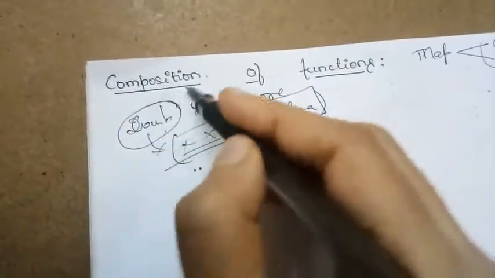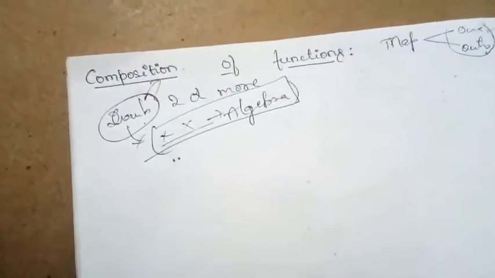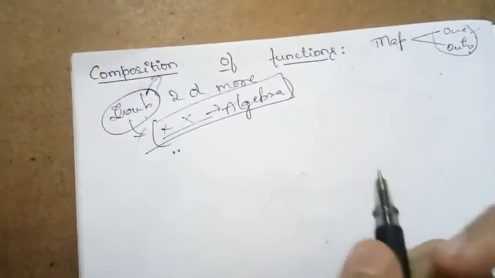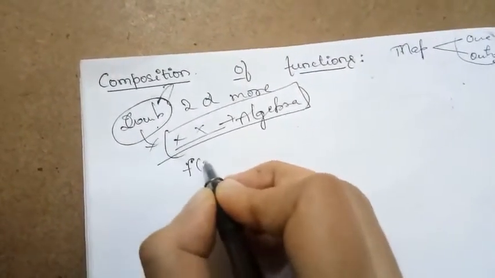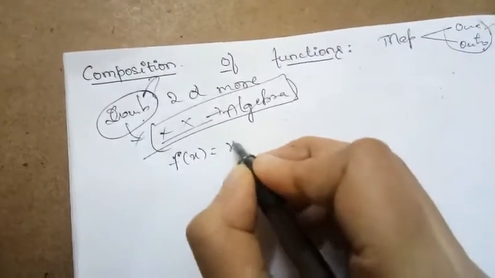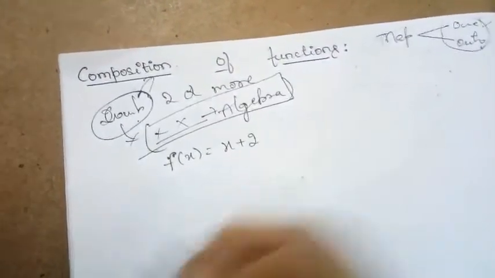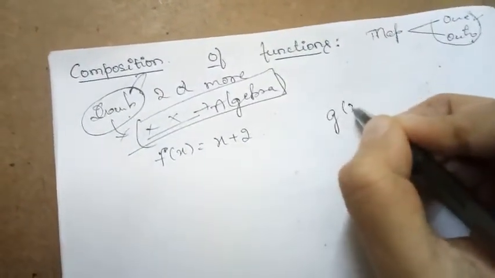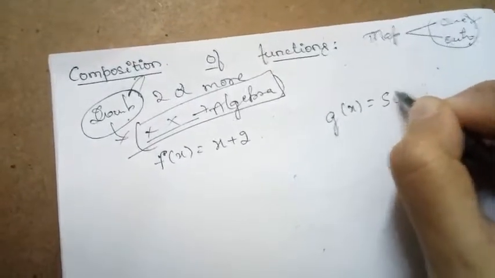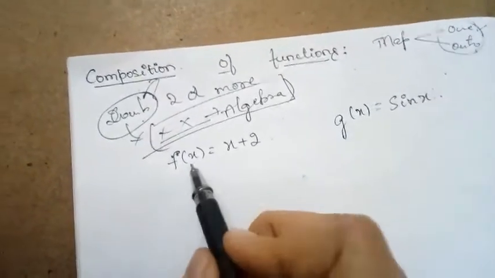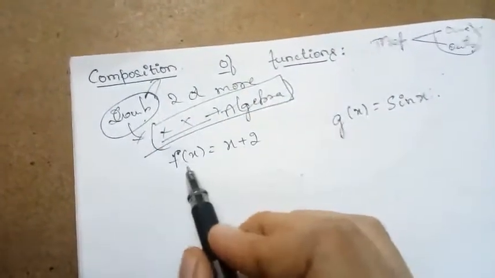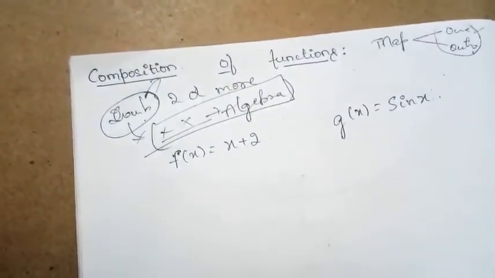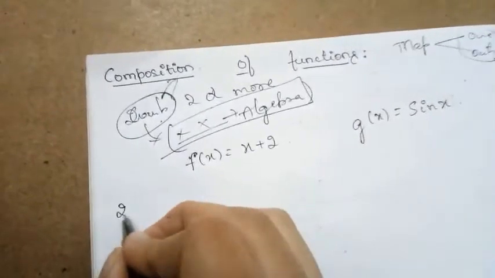So now let us understand what is this composition of two functions. Suppose I take a function f of x equal to x plus 2 and function g of x equal to sin x. Now I can combine or compose the two functions f of x and g of x in two ways.